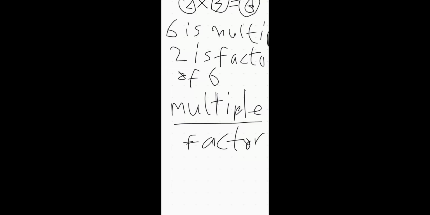Now, if you say 20 divided by 4, 4 is a factor. 20, the multiple, divided by 4, the factor. Will you have any remainder? No. You won't have any remainder. So that's the whole idea about multiple and factor.